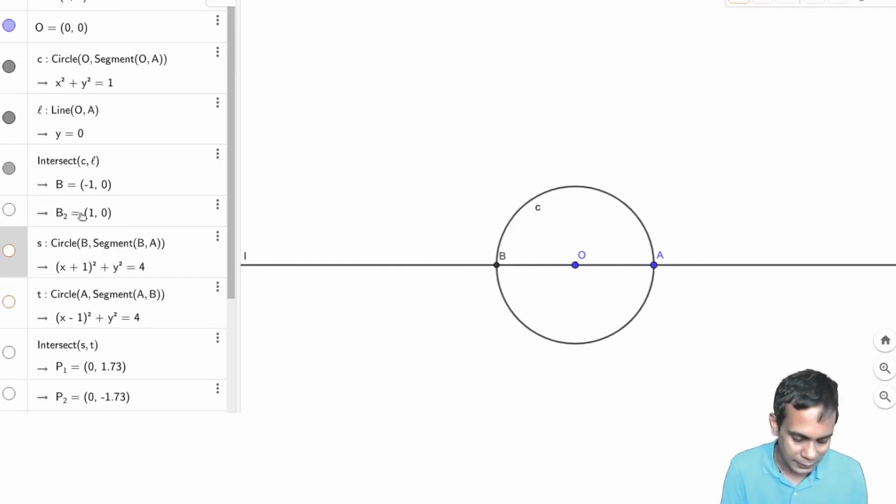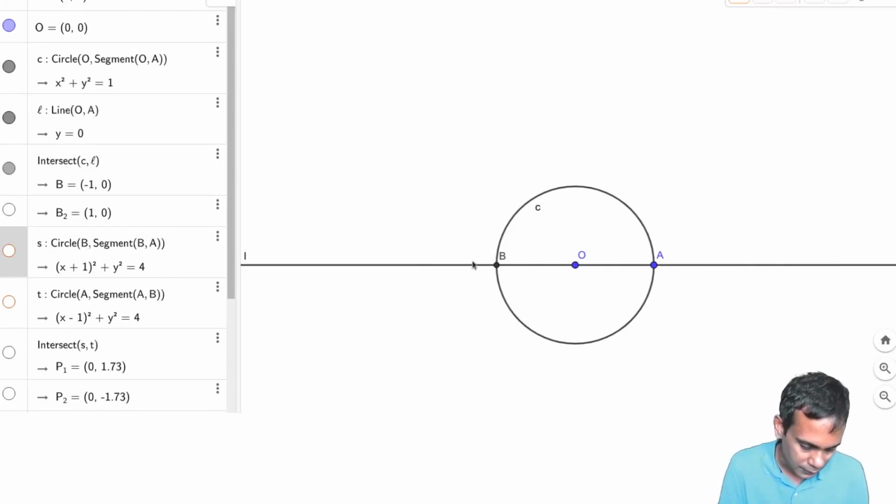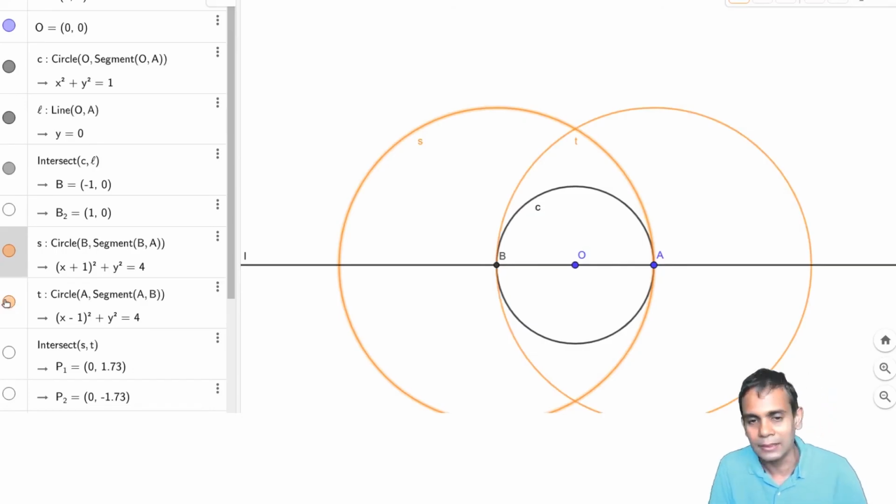I will not display this other point, B2, which is also the same as A. And now we'll construct a perpendicular to this line L using these points B and A. So now I'll take a circle with center B and radius B comma A. That's the orange circle. I'm calling it S. And similarly, I'll take a circle with center A and radius the distance from A to B. I'm calling that circle T.